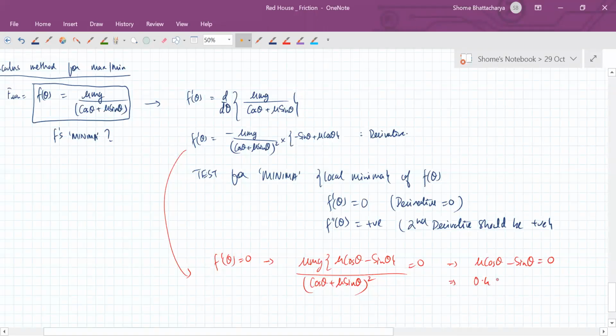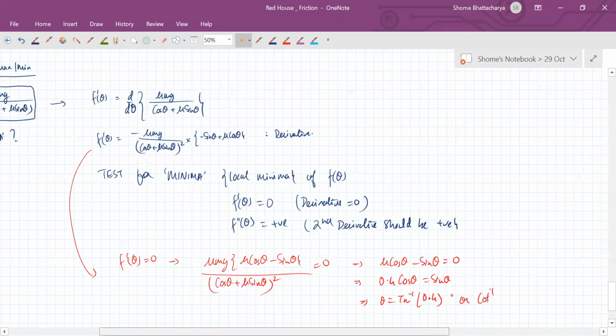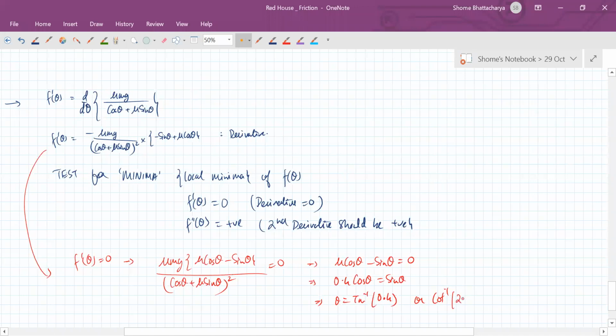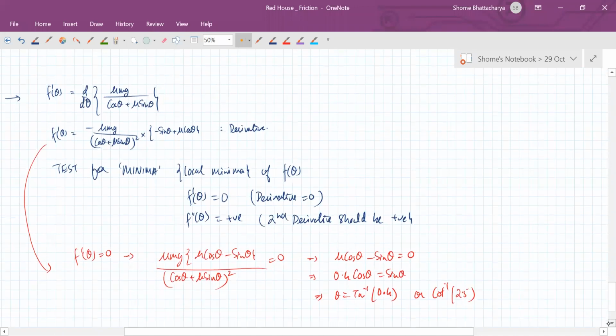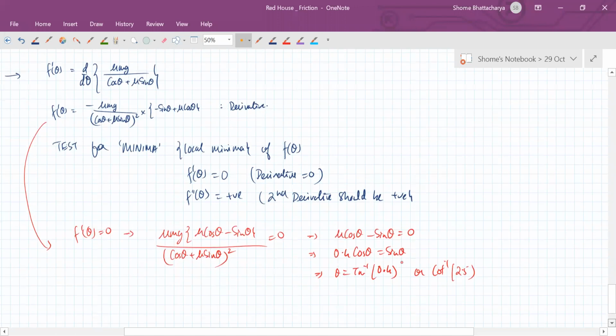So 0.4 into cos theta should be equal to sin theta, or theta should be tan inverse of 0.4, or cot inverse of 2.5, whatever, that's the same thing. So that is the thing.